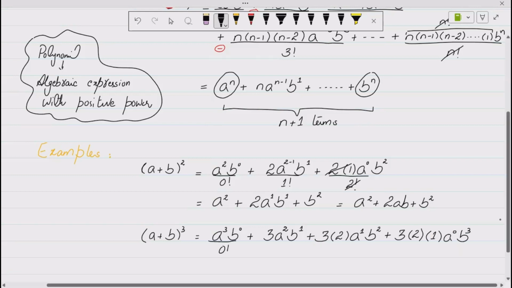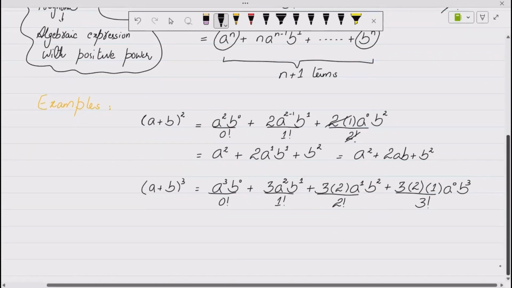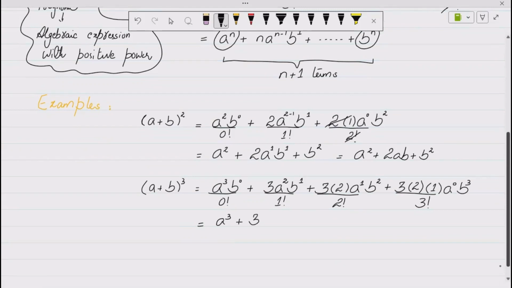Now 0 factorial, 1 factorial, 2 factorial, 3 factorial. Okay, so a cube, b to the 0 is 1, 0 factorial is 1, a cube plus 3a square b plus 2 cancels out, 3ab square plus 3 factorial, 3 factorial cancels, a to the power 0 is 1, now b cube. So a plus b to the cube is this.